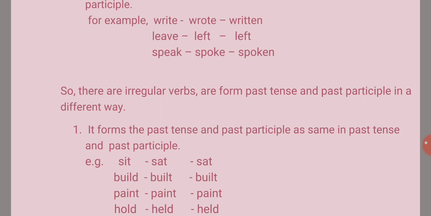The base form sit changes to sat in the past tense and remains sat in the past participle. Build is the base form of the verb. It changes to built in the past tense and remains built in the past participle.